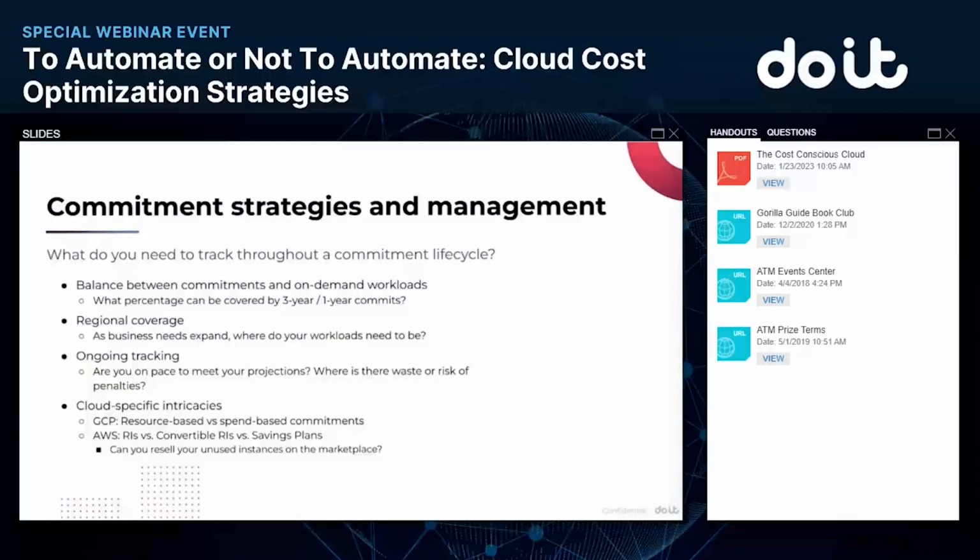So you can change between usages, but you still need to commit for that specific usage, even if you move it to another usage, but you cannot completely remove usage and get your money back. In AWS, you do have a way where you can resell the commitments that you bought, but that's another level of complexity that you need to keep in your head.